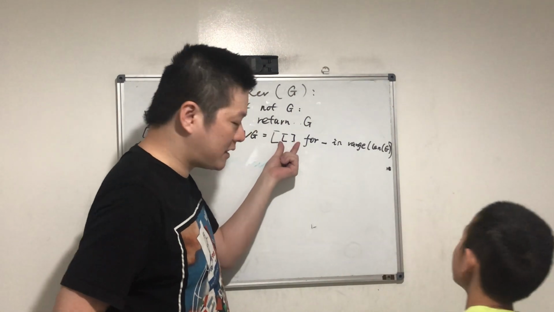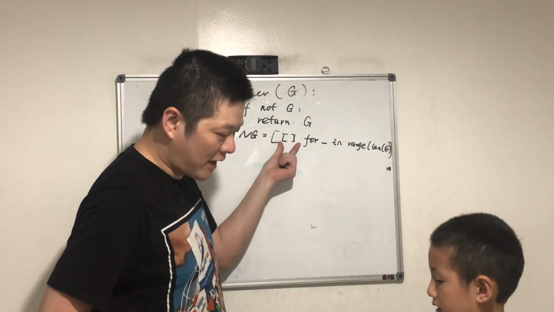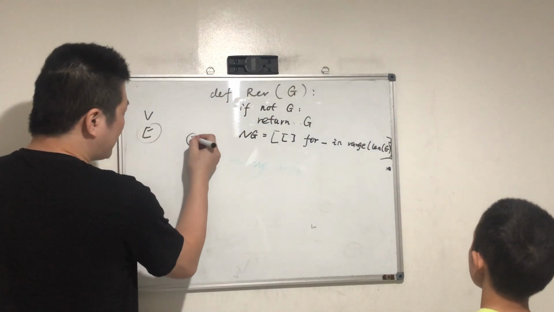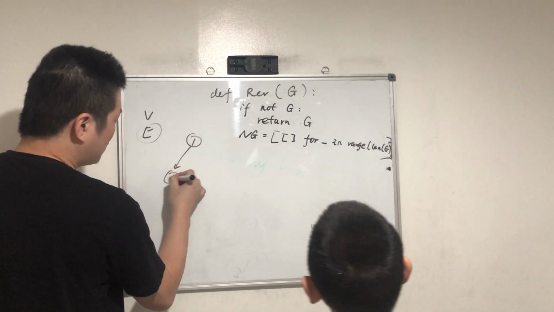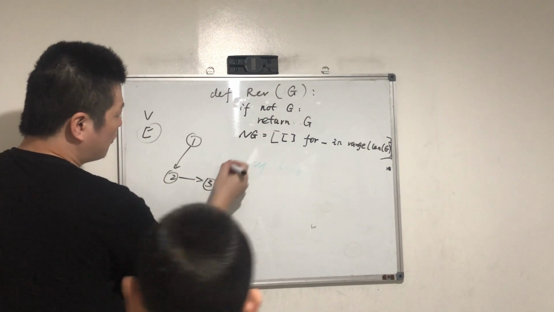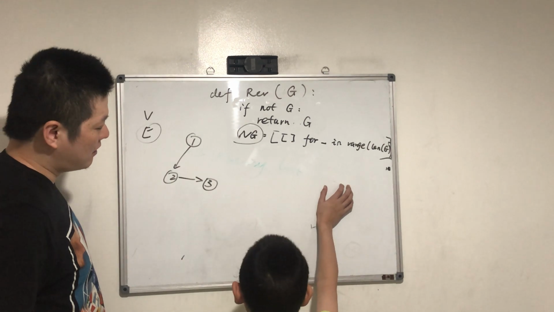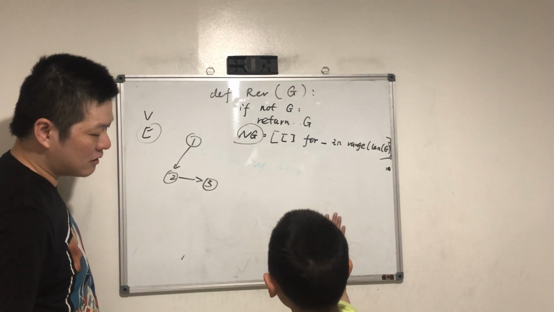But the copy, the graph, is empty, right? So the original is this one: 1, 2, 3. What does NG store?